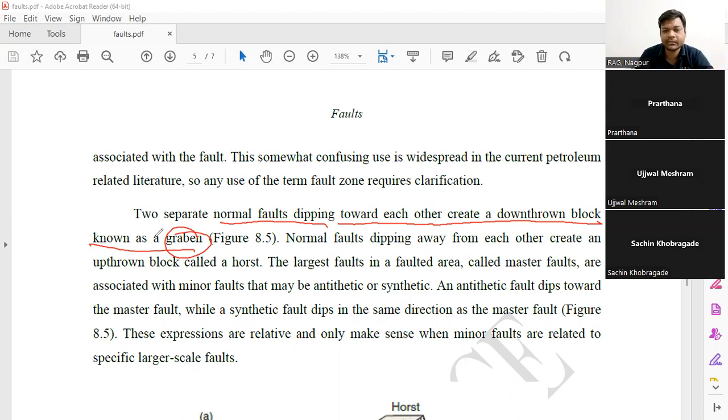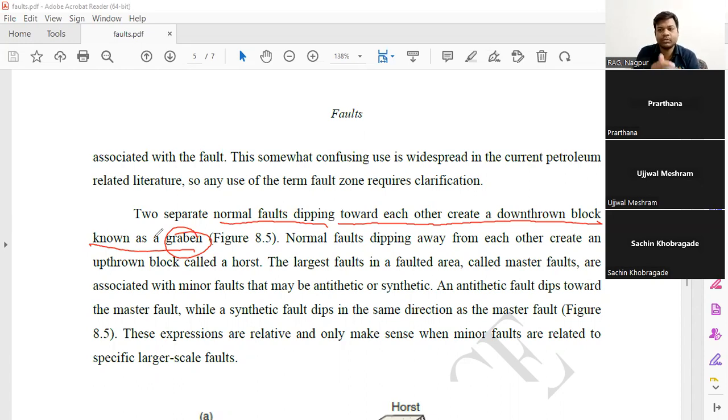That means the depression formed by two normal faults, in which the central block has been down thrown, has created a valley like structure, and that will be called a graben.